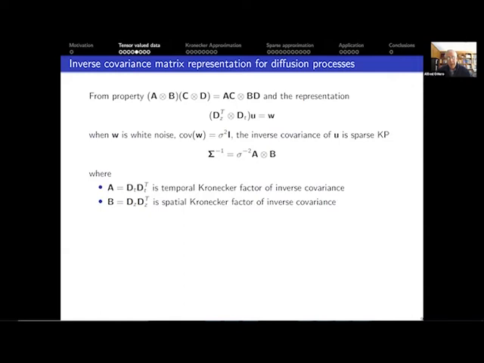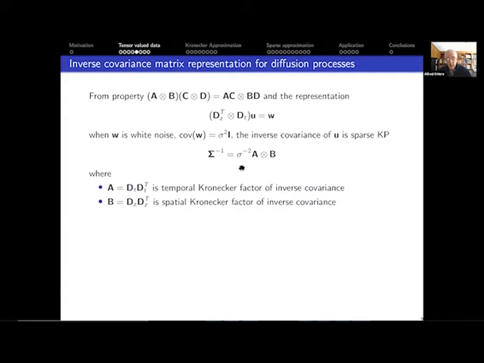So using this property of Kronecker products that I described up here, and this representation that we just derived, if you make the assumption that W is a stochastic disturbance, maybe a Brownian motion or a white noise that has, of course, identity covariance with a factor sigma squared, then the inverse covariance of U is the Kronecker product of A Kronecker B, right?